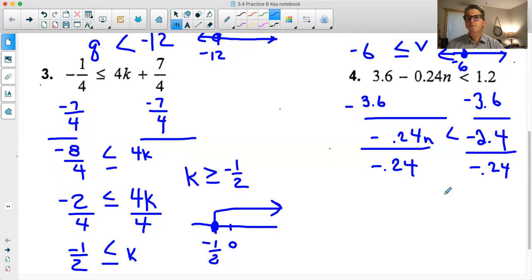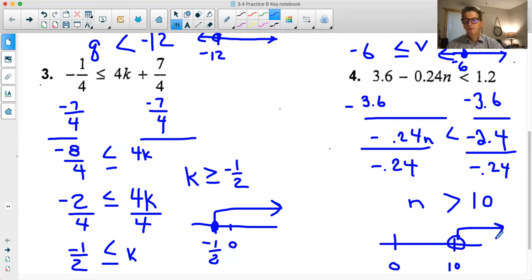That now becomes a greater than sign. So n is greater than 2.4 divided by 0.24, which is 10. So n is greater than positive 10. Here's your 0, here's your 10. You'd have your circle at 10, and it would go off to the right.